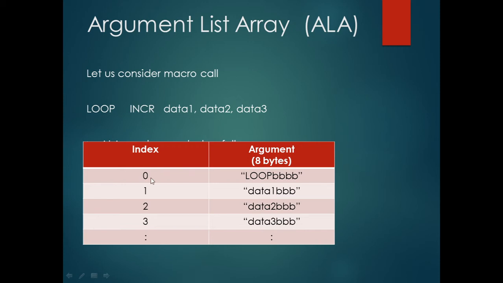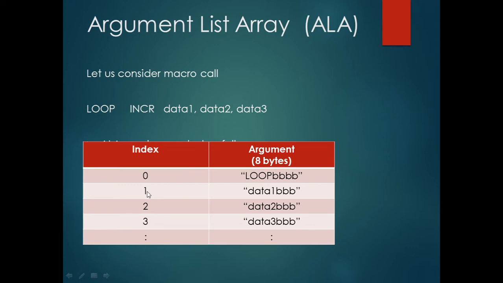At index 0, the loop argument will be stored, but since 8 bytes are reserved for the argument, and loop does not contain 8 characters, 4 B's will be appended. B stands for blank space.